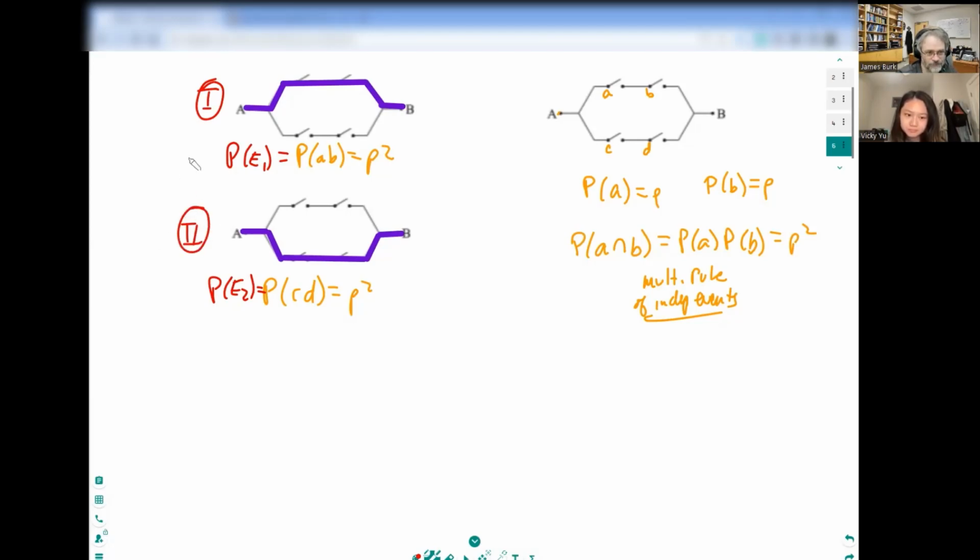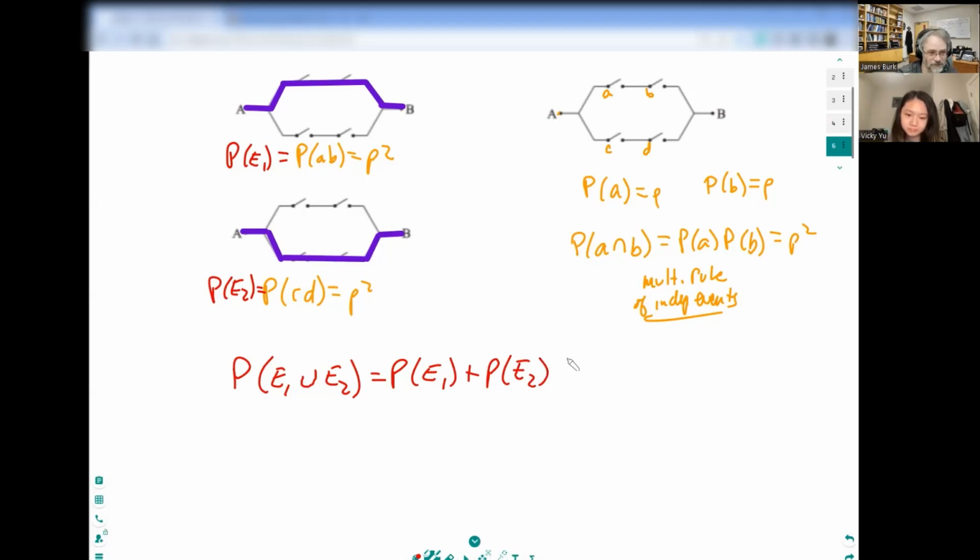Or does it matter? Does it matter? That's right. So as long as I have E1 or E2. But wait a second. Haven't we seen a spoiler before? The law of inclusion and exclusion? Absolutely.